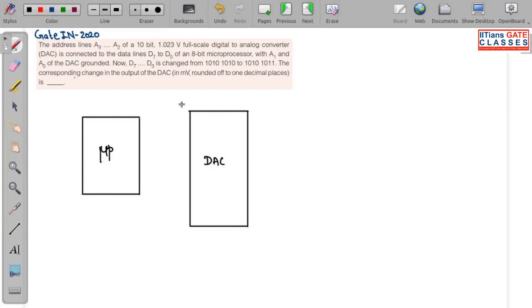The DAC will have input in digital fashion and output in analog mode.